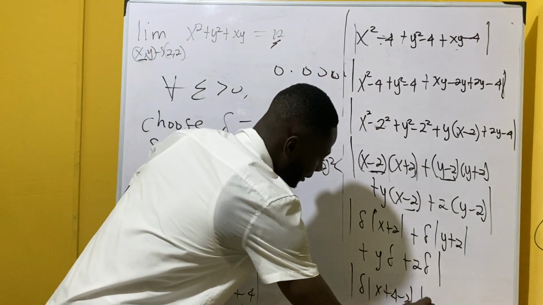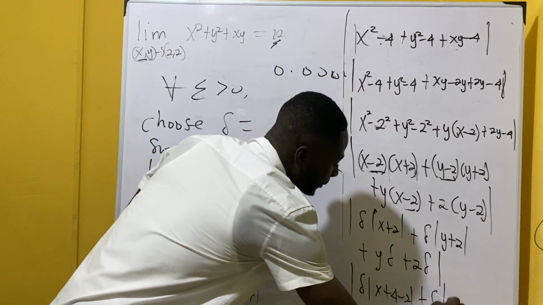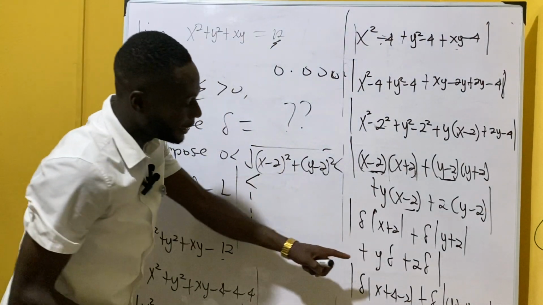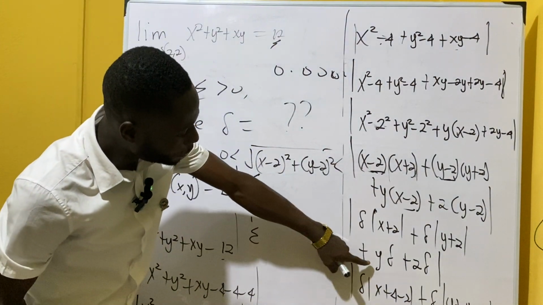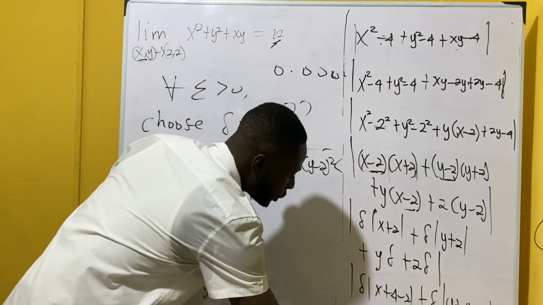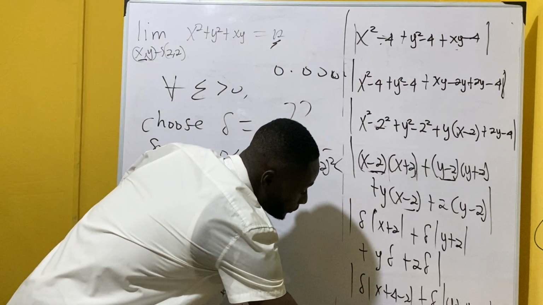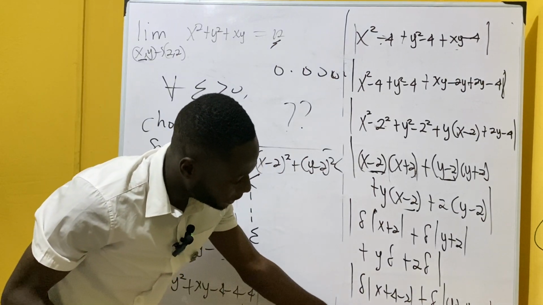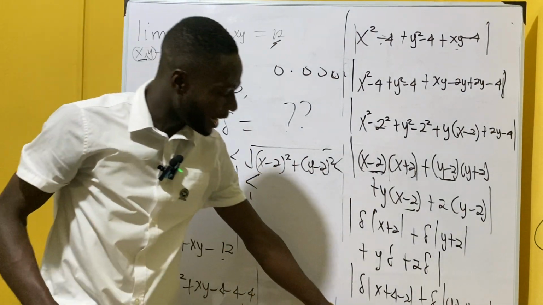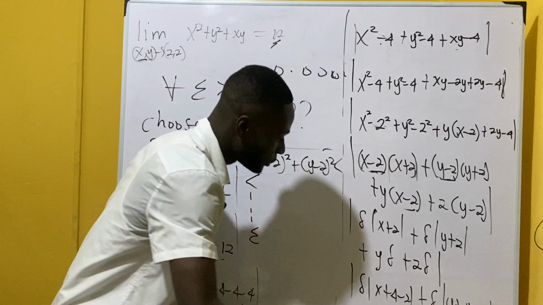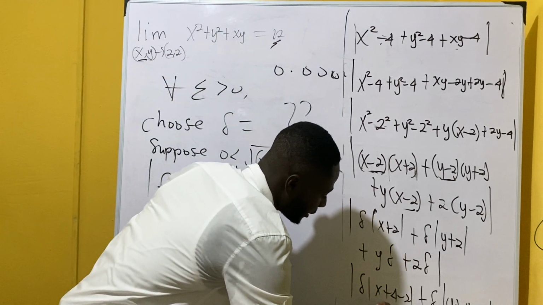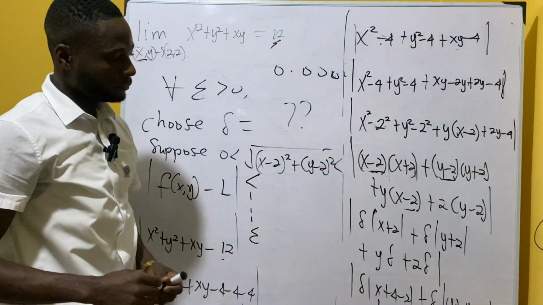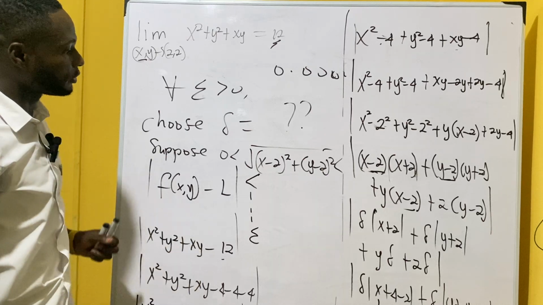So we have plus delta into y plus 4 minus 2, plus, and this right here, y changes to y minus 2 plus 2, because this is actually 0, so the actual sense is that you add the 0 to the y. So this right here times delta plus 2 delta. So let's move up.